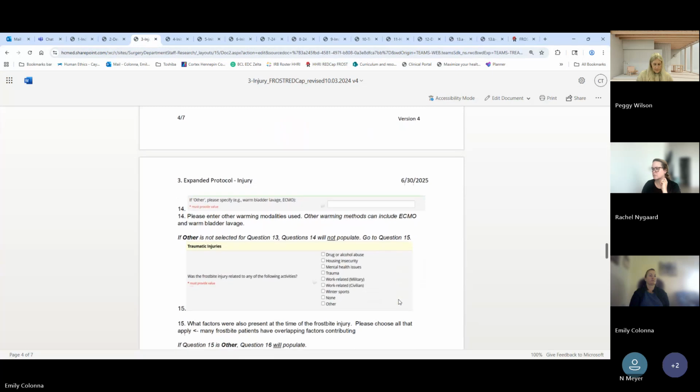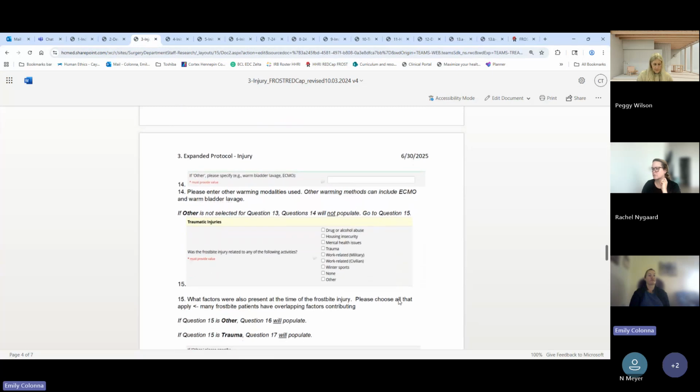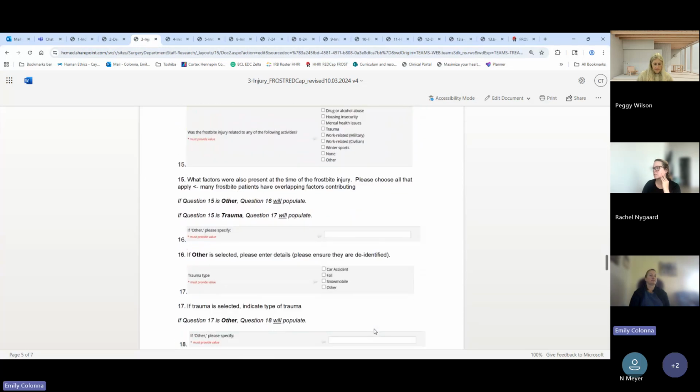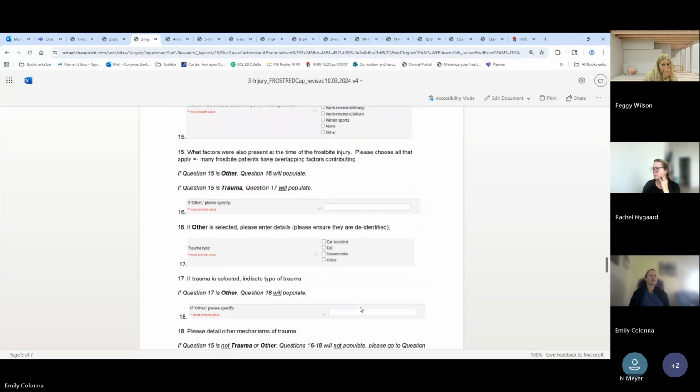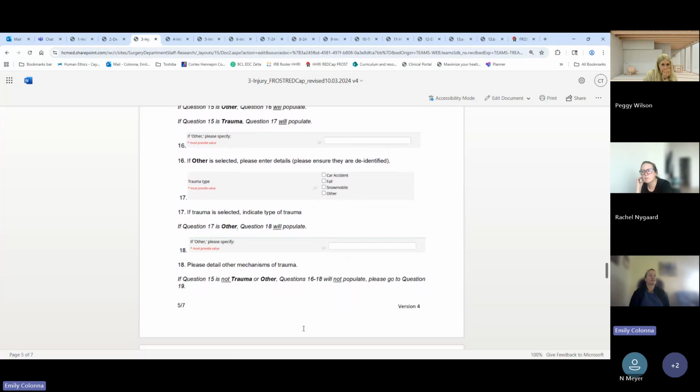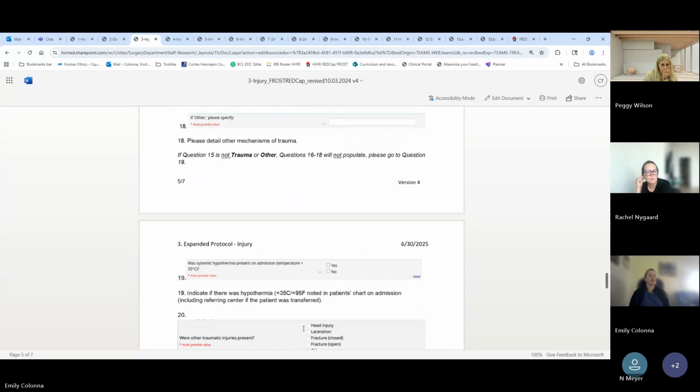What factors were present at the time of frostbite injury? You can choose all that apply, or type something in the box if we haven't thought of it yet. If trauma is selected, this question will pop up. We'd like you to select what type of trauma. And you can type something in if we don't have it there. Was hypothermia present on admission?